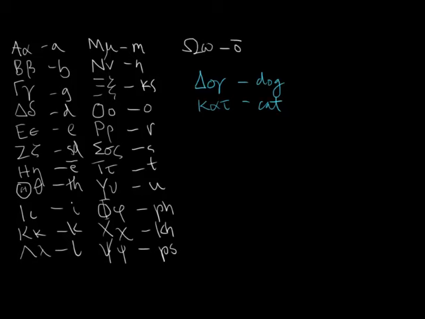If we were to go for a more difficult English word, now you'd read this, let's put that breathing, because remember rhos that start words always have to have a rough breathing.